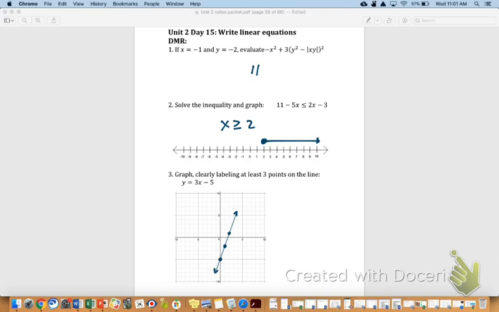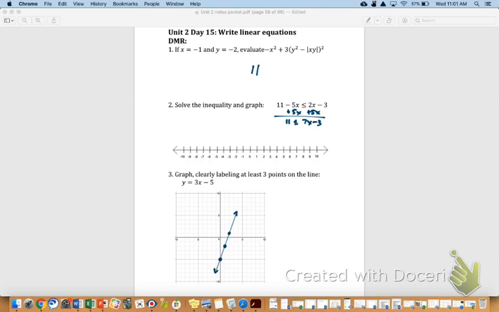So yes, I'll show you a couple steps on number 2, and I'll try to accommodate your steps. Did you add 5x to both sides? Okay, I think that's a fine move. If you add 5x to both sides, you get 11 is less than or equal to 7x minus 3.